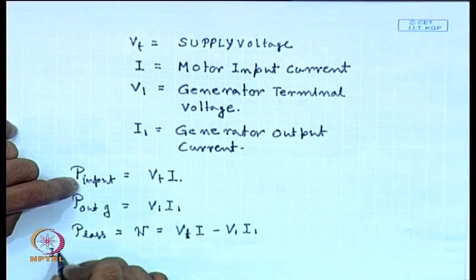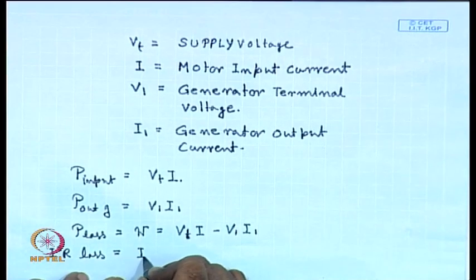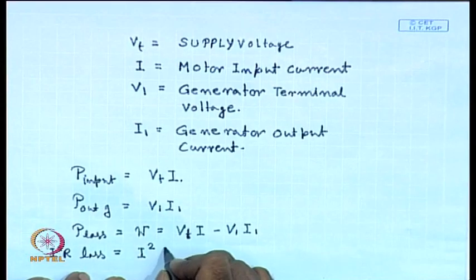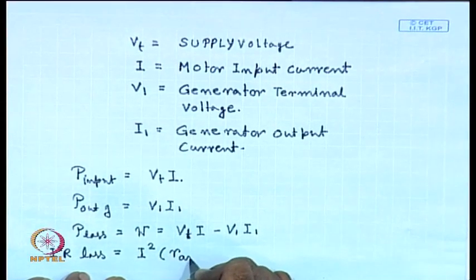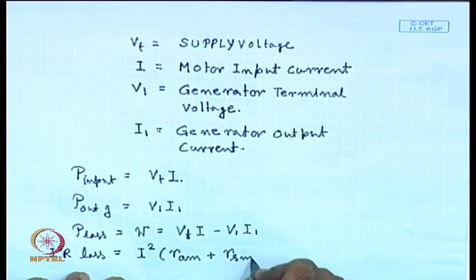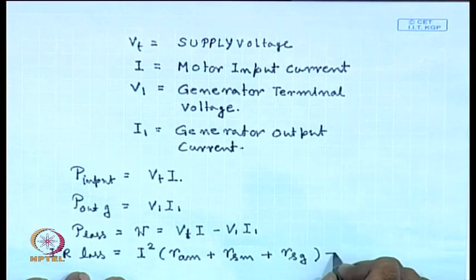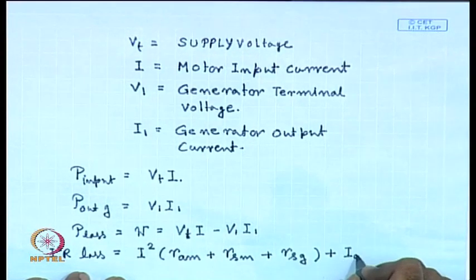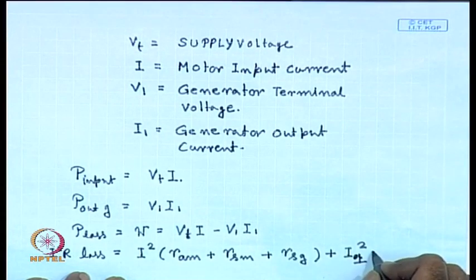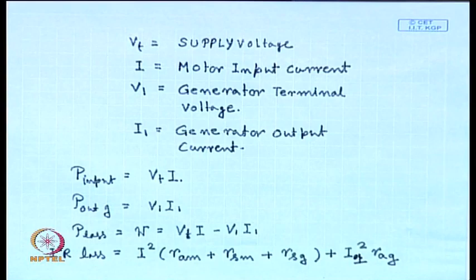I square R loss is given by I square into motor armature resistance plus motor series field resistance plus generator series field resistance plus generator armature copper loss.